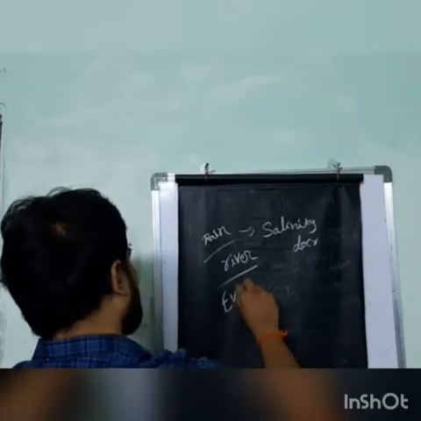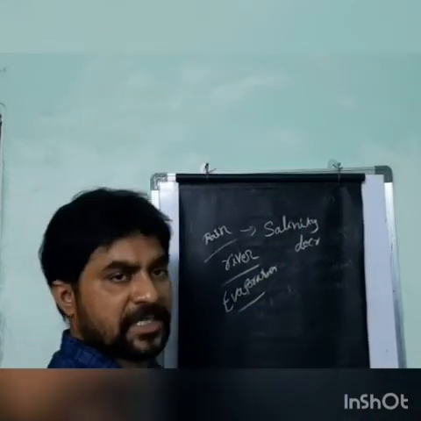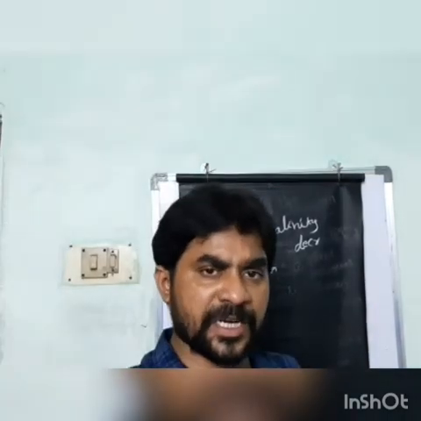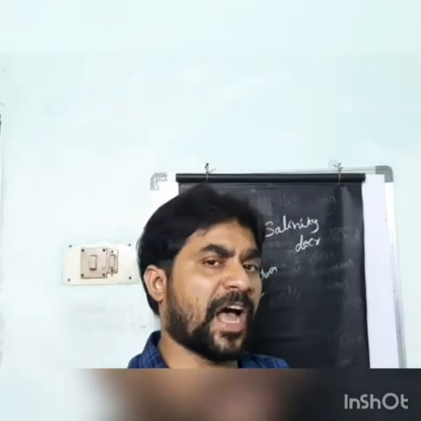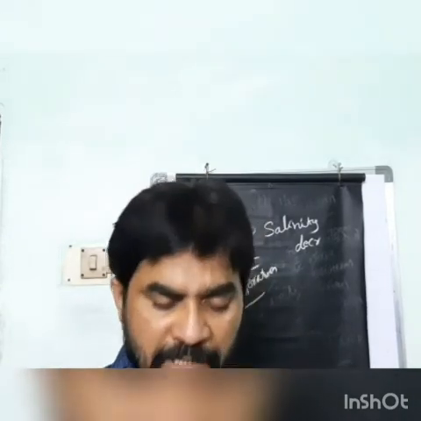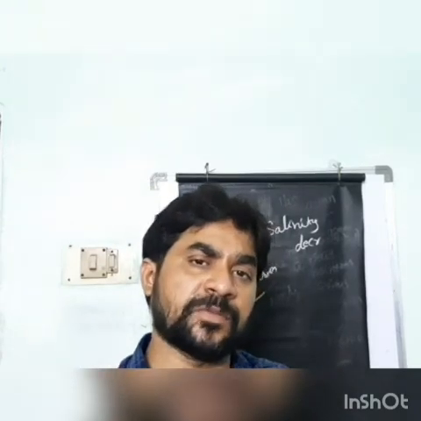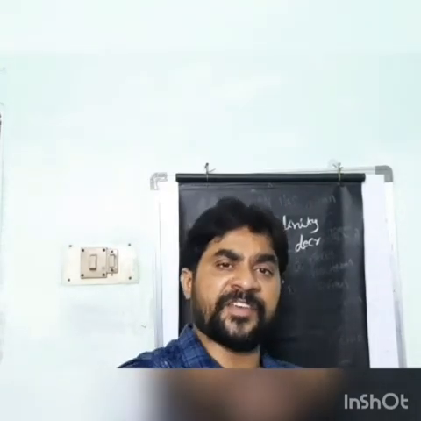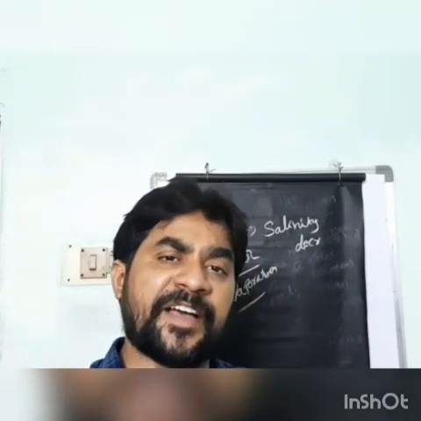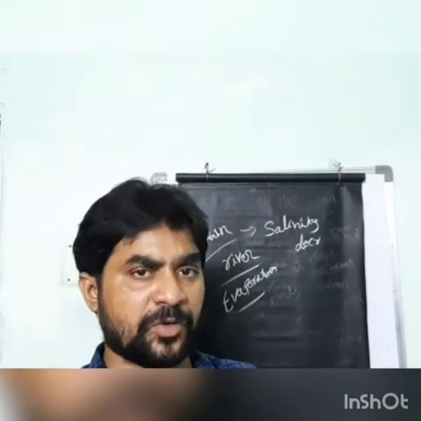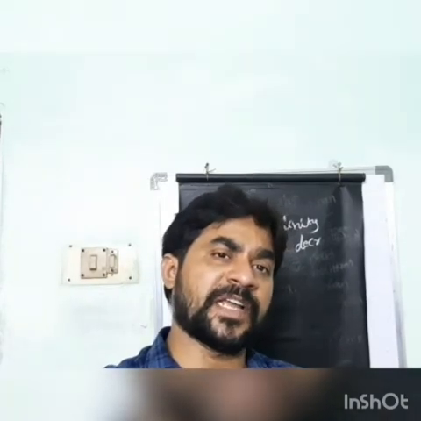Next one is evaporation. If there is more evaporation, salinity is automatically higher. Take an example: heavy temperature takes more water. If heavy temperature takes more water, it automatically affects the salinity also. So in the region of oceans, if there is salinity, it will take more salt.